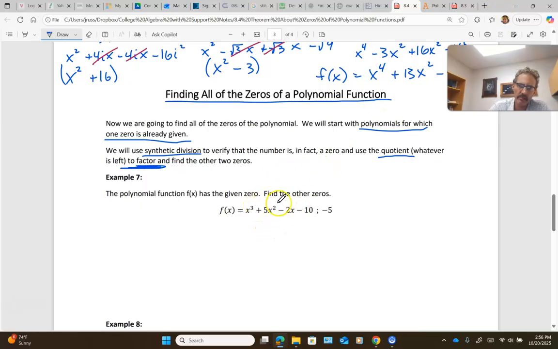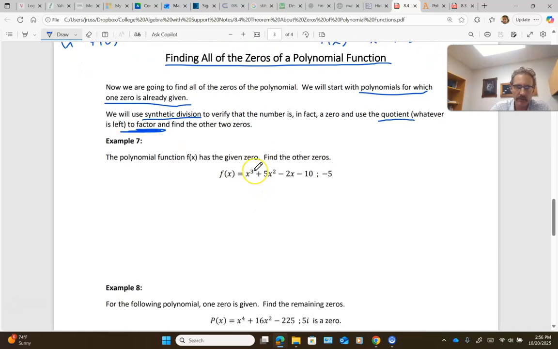Now I'm looking at this polynomial right here, guys. We can see that it's a cubic polynomial. And you can find the zeros by factoring it. I just want to point that out. Factor by grouping, you could find all those zeros.